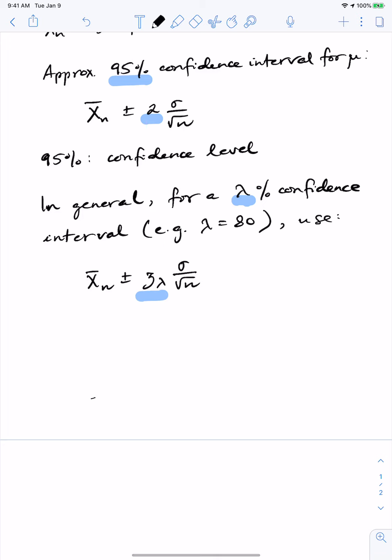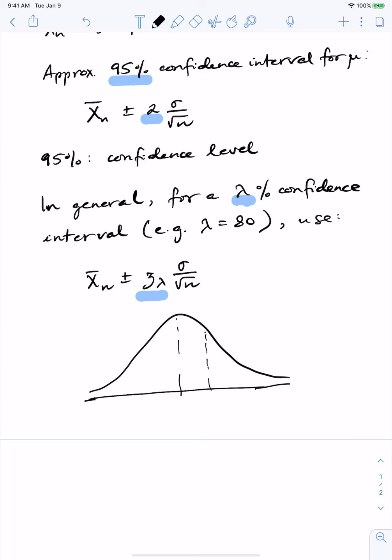Well, we're going to look at the standard normal curve. There's 0, there's z lambda, and there's minus z lambda. That is not very symmetric at all. Let's try that again.